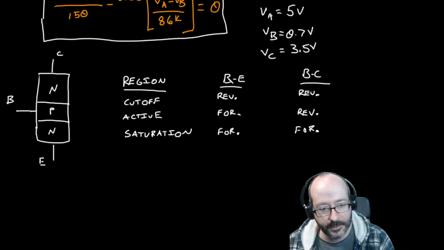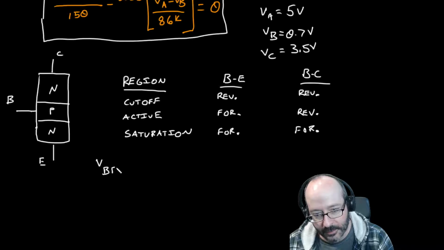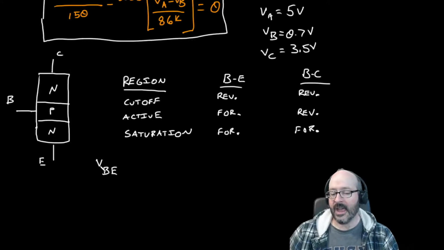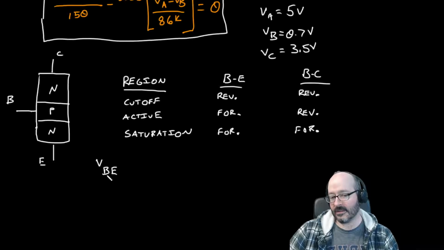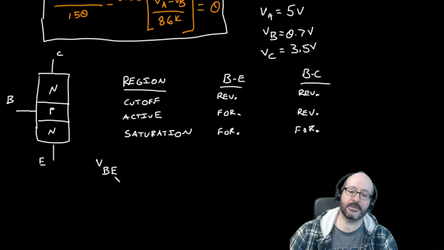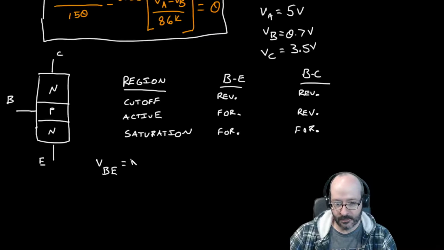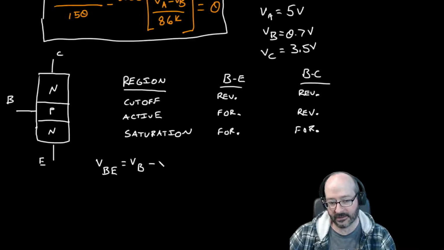Okay, so from base to emitter, what's the voltage? If we're finding the voltage at the base with respect to the emitter, we can break that out and say it's the voltage at the base with respect to ground minus the voltage at the emitter with respect to ground.